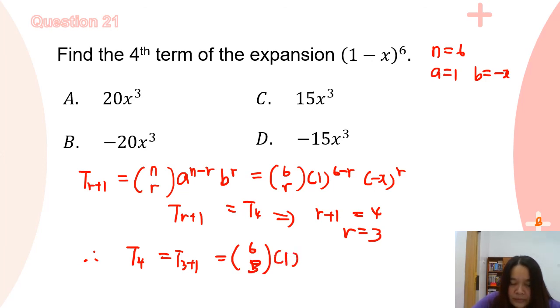Okay, 1 to the power of 6 minus 3 and minus x to the power of 3. So you use the calculator to evaluate the binomial coefficient 6C3. So you will get 20 multiplied with the minus x to the power of 3. So you get a negative x cubed. So in total, you get negative 20x cubed. So the answer should be B.